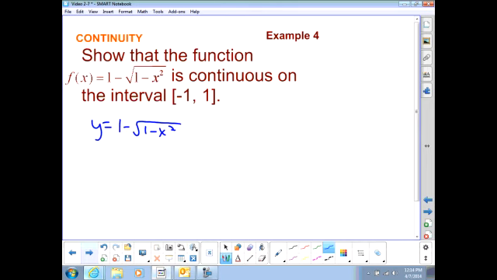If we subtracted the 1 over, we would have y minus 1 equal to minus the square root of 1 minus x squared.